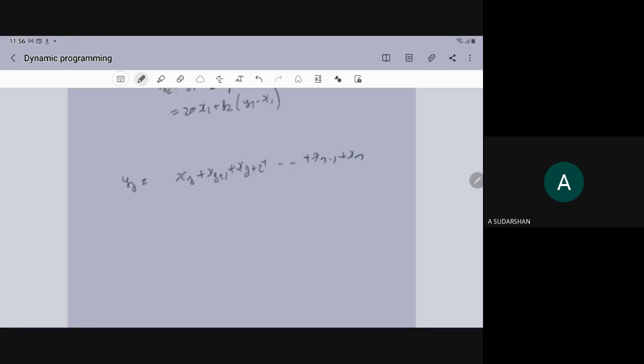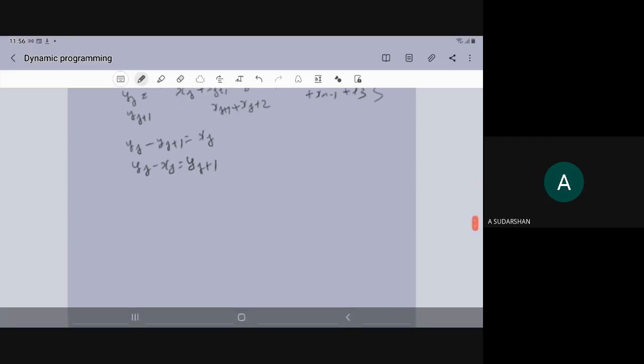Whatever you are allocating from stage j to stage n. What is yj plus 1? That is xj plus 1, xj plus 2, up to xn minus 1, xn. So from these two, what is yj minus yj plus 1? That is only xj. So yj minus xj is equal to yj plus 1. Now clear? Yes, sir. It is clear.